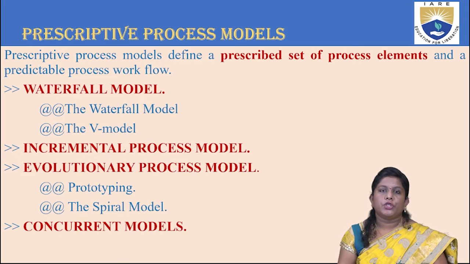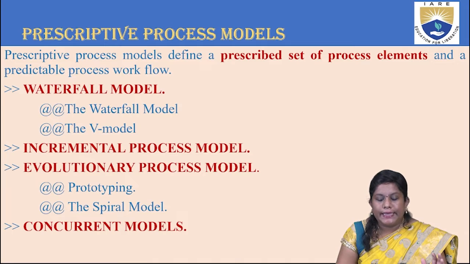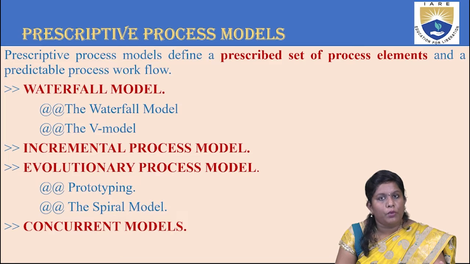Moving to the major discussion of today's session, that is prescriptive process models, right? What are prescriptive process models? They are defined as a prescribed set of process elements and predictable process workflows. Under this, we have a few categories. We will see what a waterfall model is.